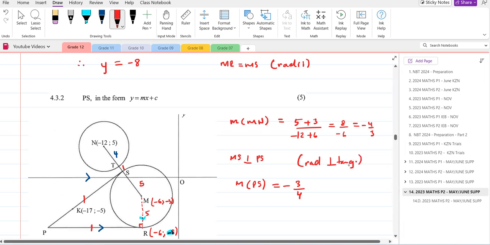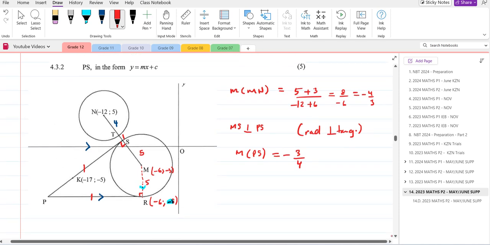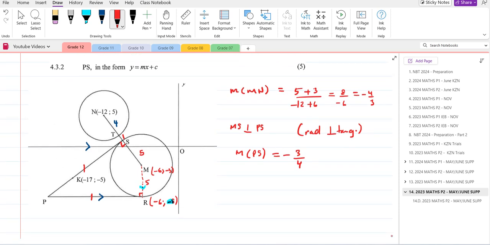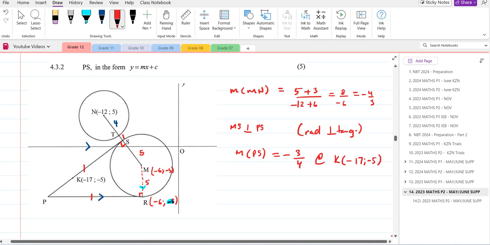Right, so we have that 90 degrees there. Radius perpendicular to tangent. Then we're going to say at K, minus 17, minus 5. Right, so we got y minus y1: y plus 5 equals negative 3/4 into x minus minus 17, x plus 17.